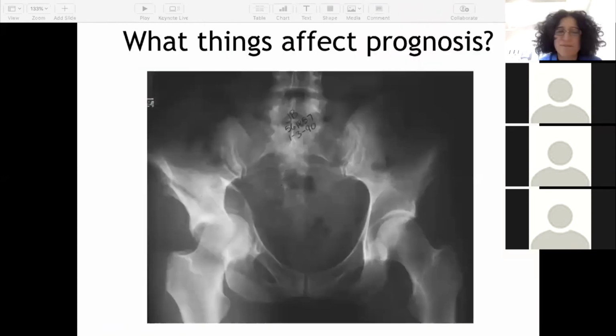Okay, so joint incongruity is bad. What else is bad? Some fracture patterns?